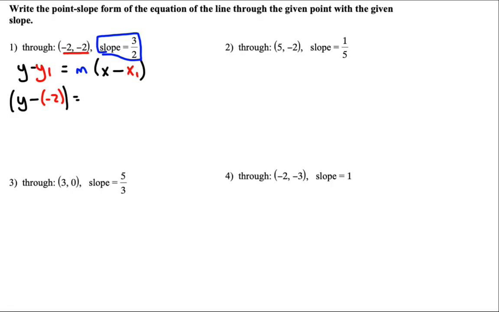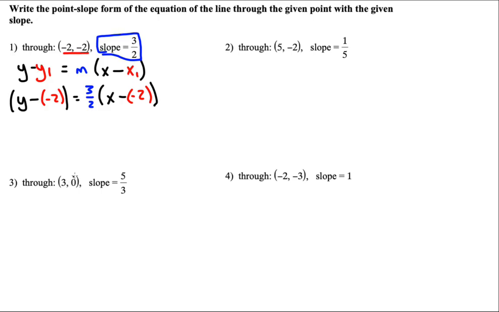And that whole thing is going to be equal to the slope, which we said is just 3/2, times x minus, and that's also going to be -2 because it goes through -2, -2. So there's my equation in point slope form.